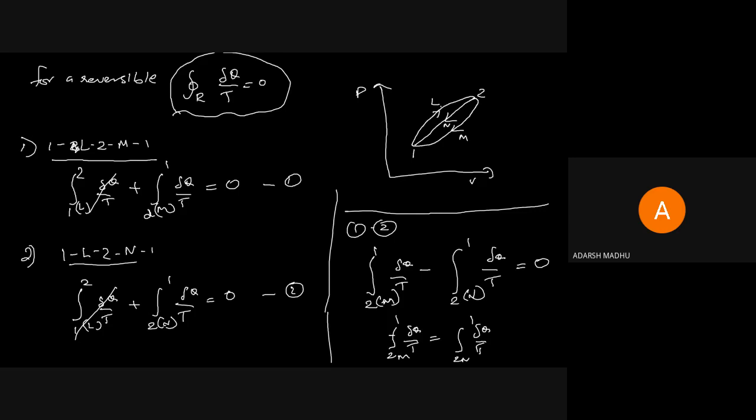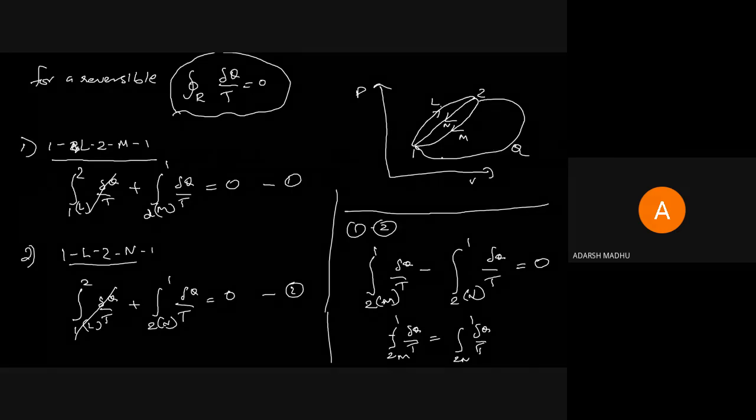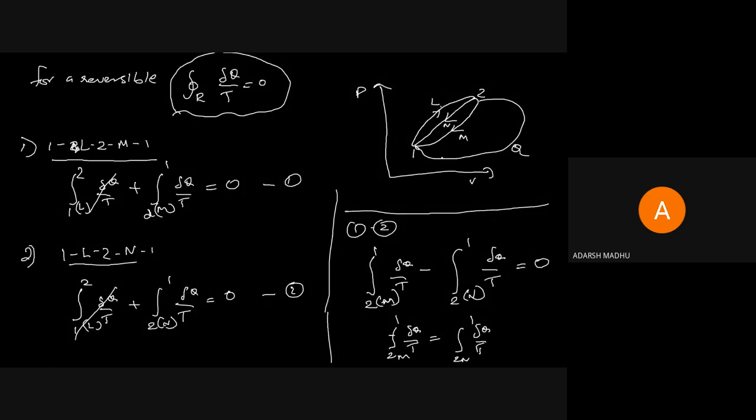It depends only on the initial point and final point, the two states 1 and 2. So it is a point function, and the quantity which is a point function is called entropy, that is dq by t.